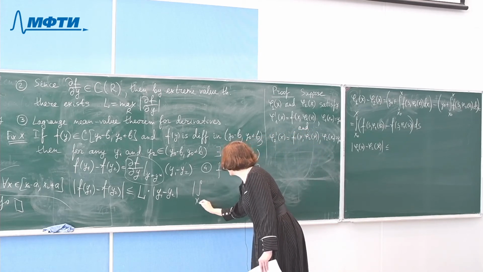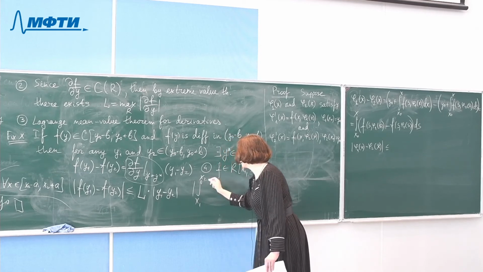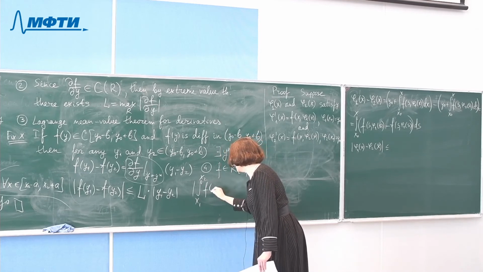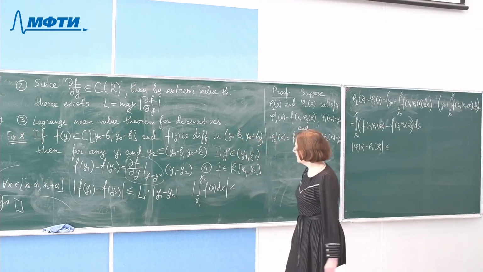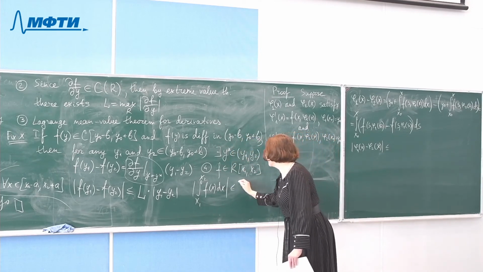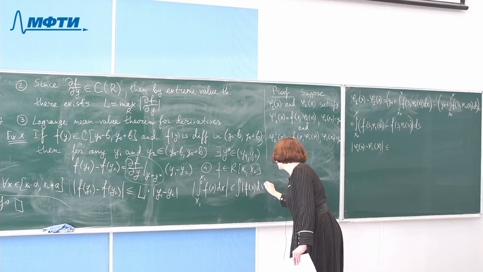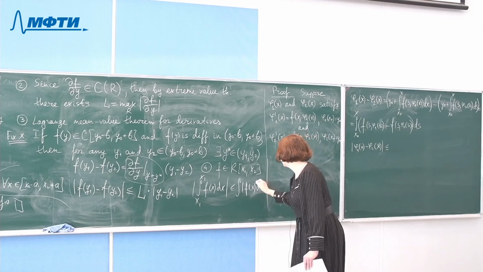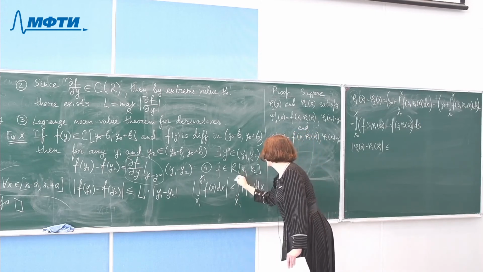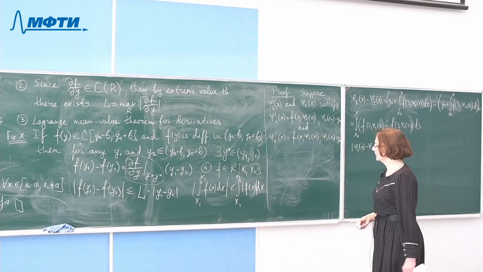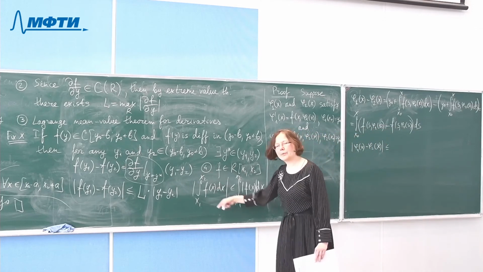The absolute value of the integral from x1 to x2 of f of x dx is less than or equal to the integral of the absolute value. And now I'd like to apply this formula.